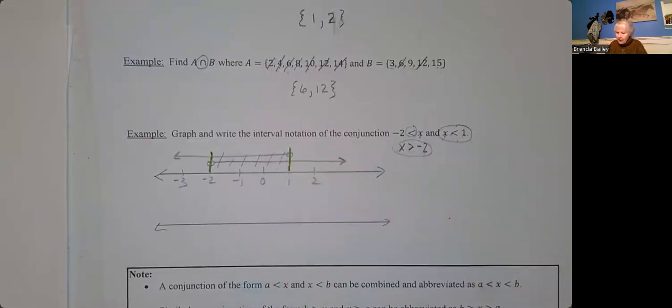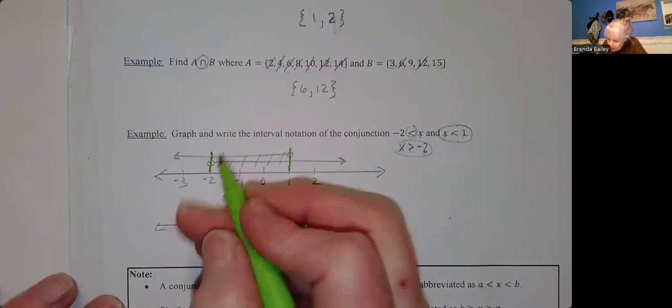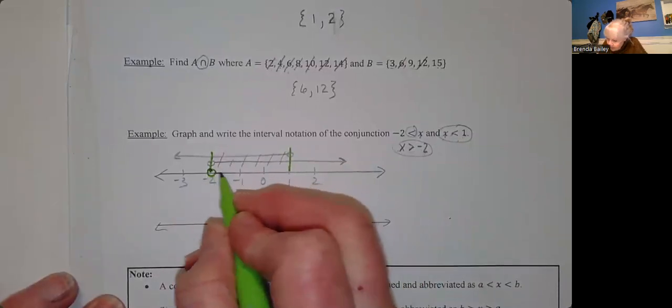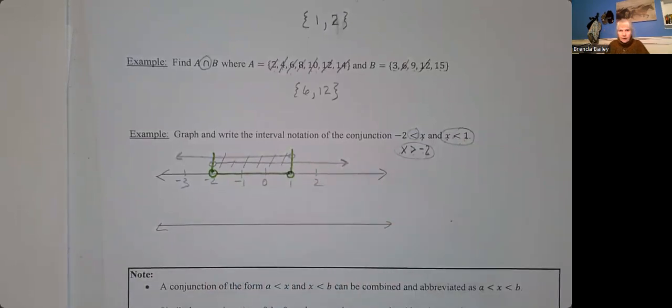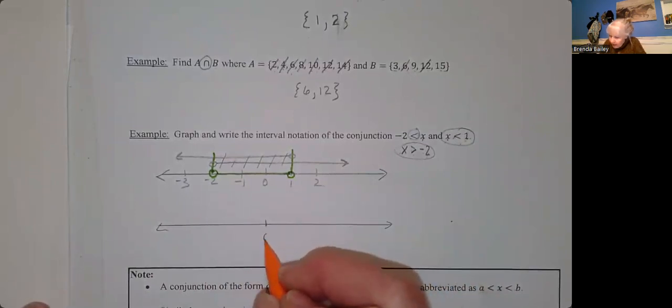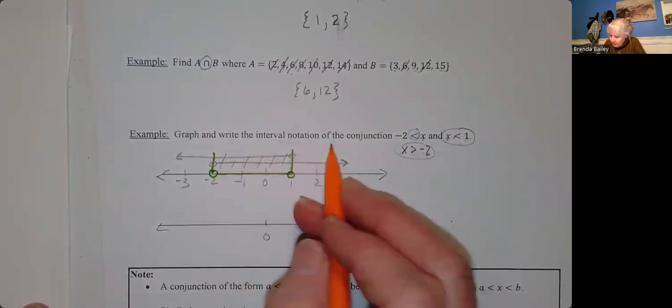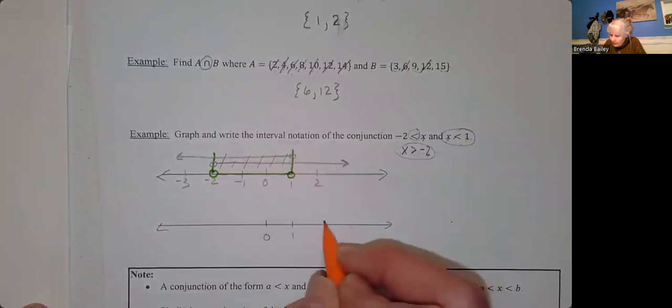So our solution then, if we were to graph it using this type of notation with the open circle, we would have here to here as our solution on our number line. Now, Pearson doesn't use this type of symbol as far as an open or a closed circle. We're going to look at what they do, and then we'll put it into interval notation after we get these graphs all straightened out.